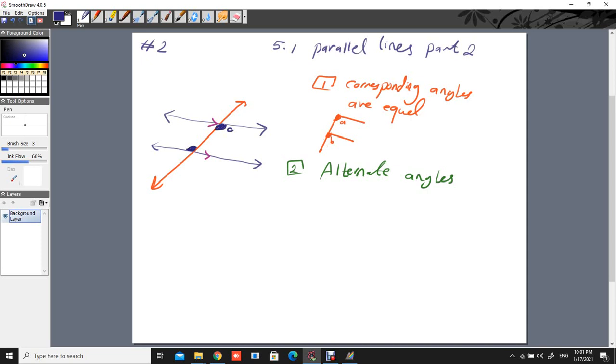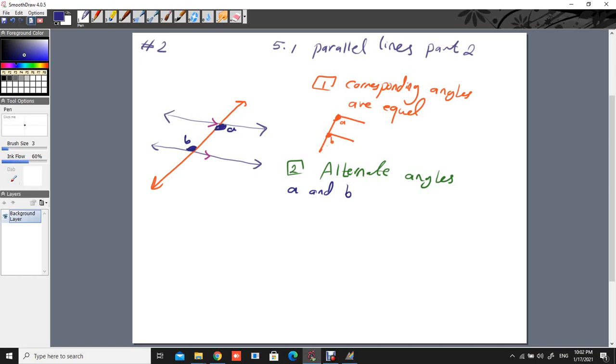Let's say this is angle A, this is angle B. A and B are alternate angles. A is on the right side of the transversal, and B is at the left of the transversal. So here A and B are alternate angles.